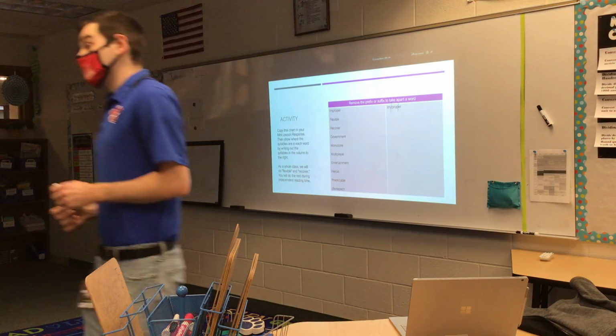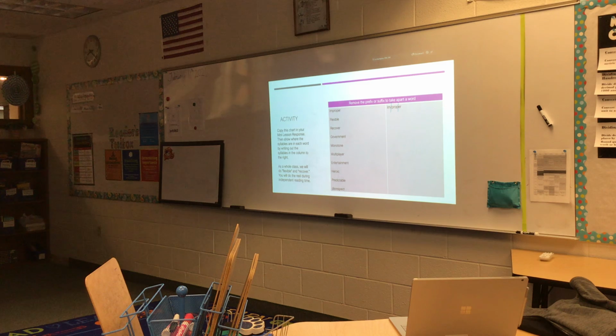Remember that there are prefixes and suffixes. So in the word improper, we only were really focusing on the prefix part. But there will be some suffixes in there as well that you need to be thinking about.